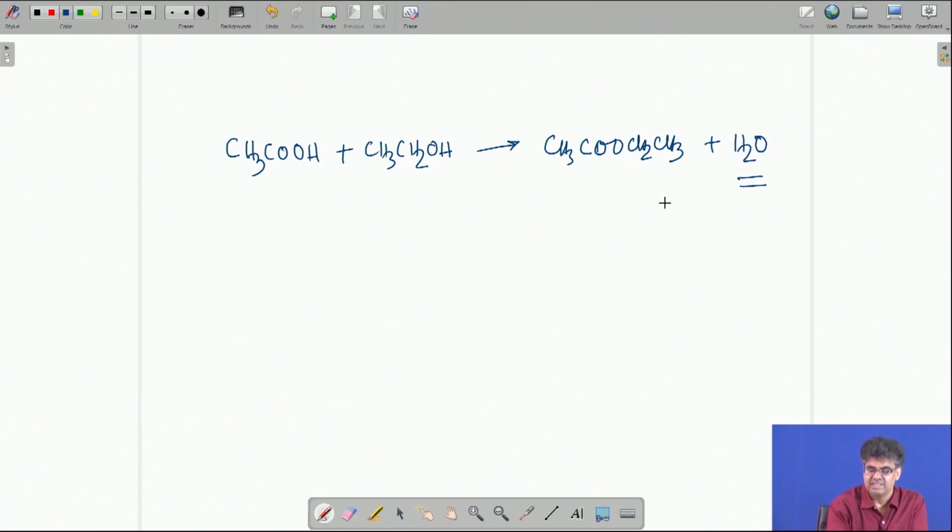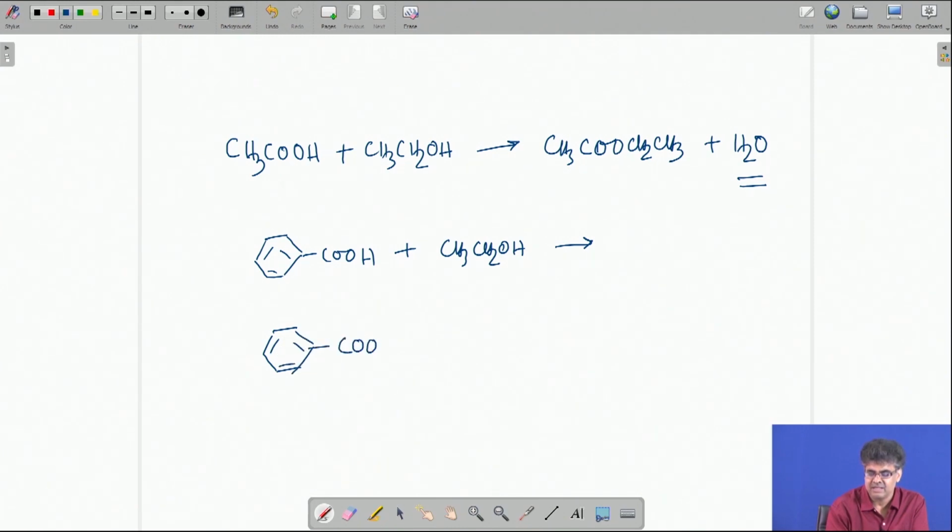Now, instead of acetic acid, we have benzoic acid, and we react with again CH3CH2OH, we get ethyl benzoate. I am not writing the structure, that you can write, but if we have both bifunctional acid and bifunctional alcohol, like the example I showed in the last class, terephthalic acid plus ethylene glycol.